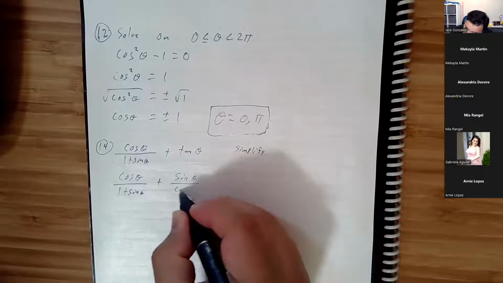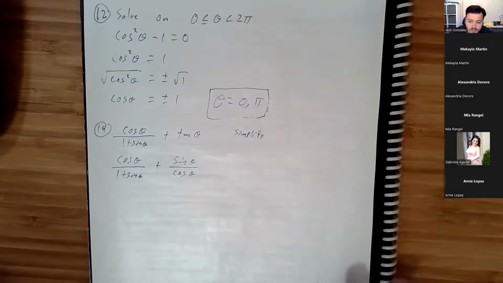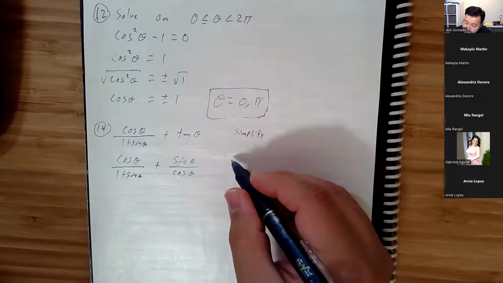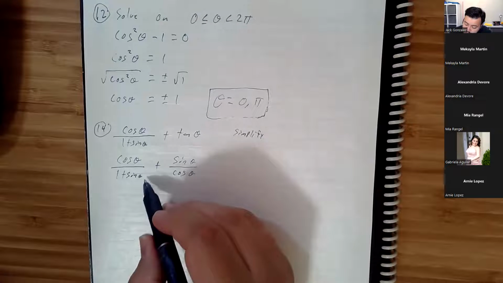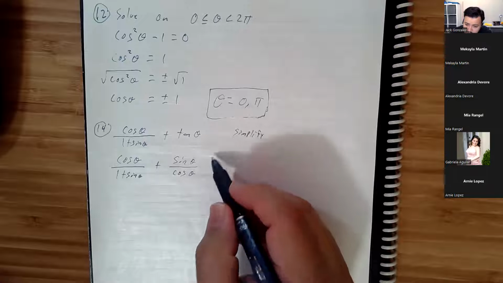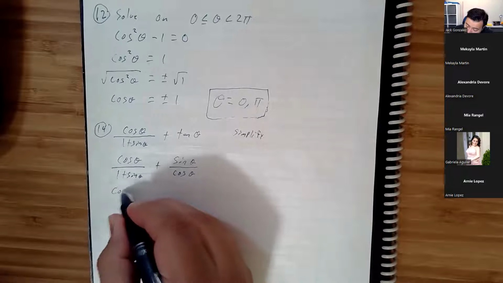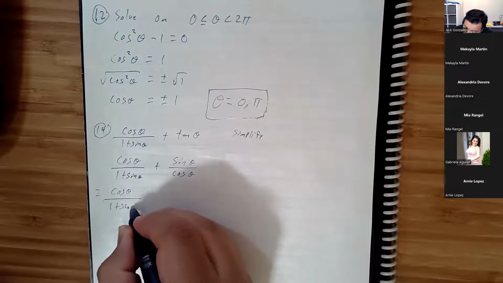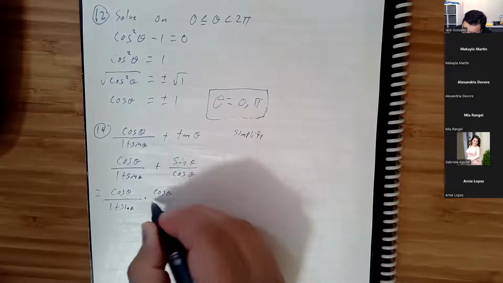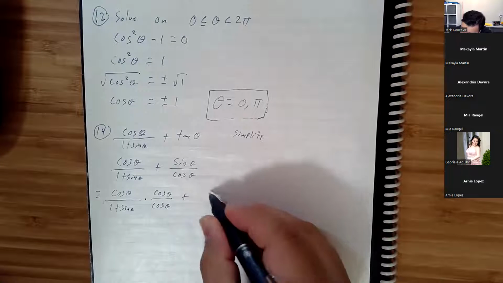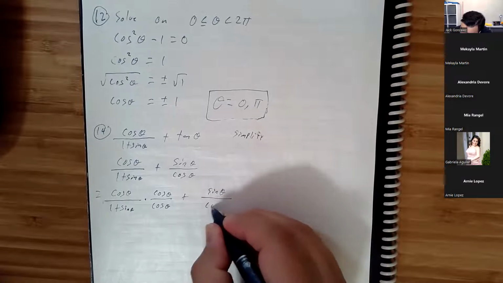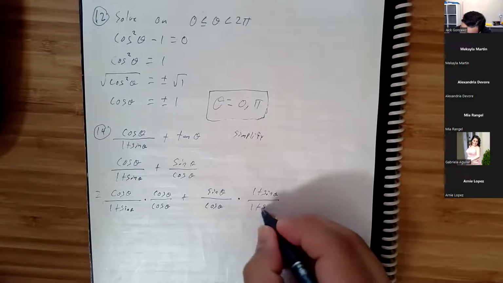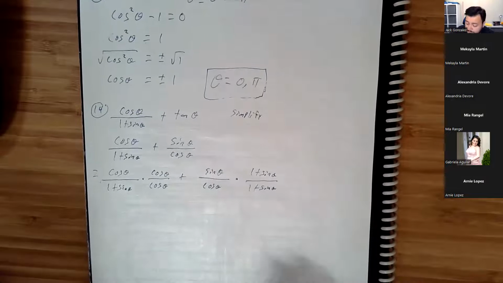Right, using our quotient or ratio property. Add the fractions, the LCD is going to be cosine, so introduce cosine here, introduce 1 plus sine over here. Cosine over cosine plus, then this guy will get 1 plus sine, 1 plus sine, just to get our LCD going.